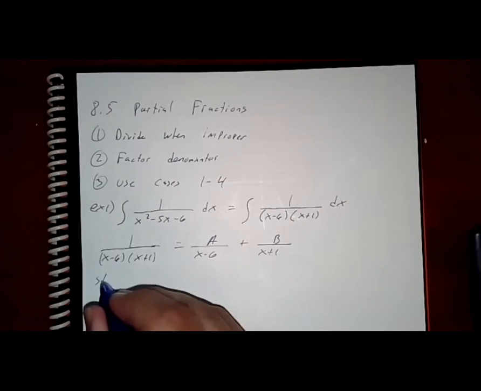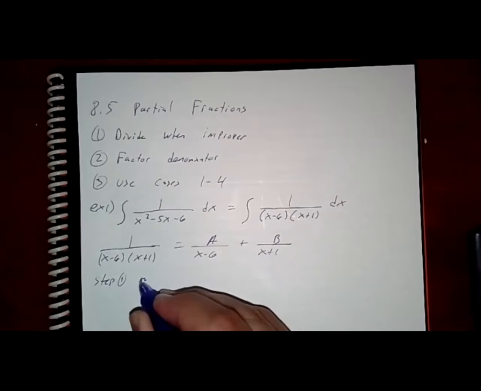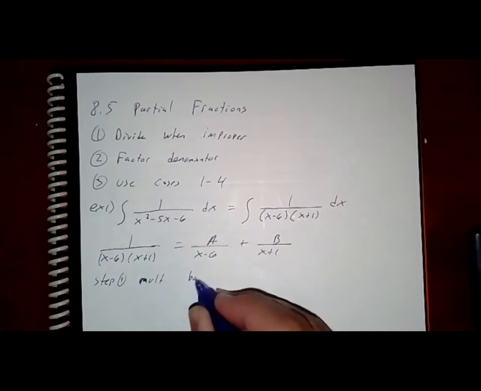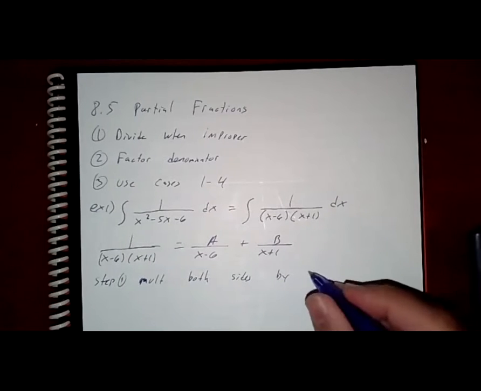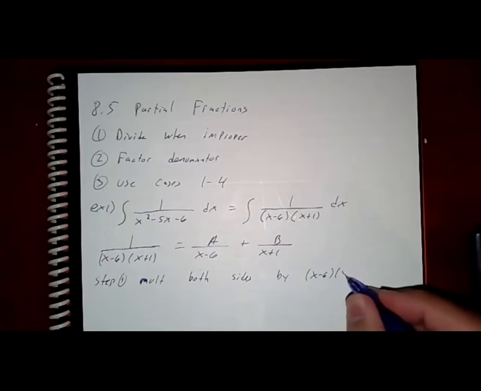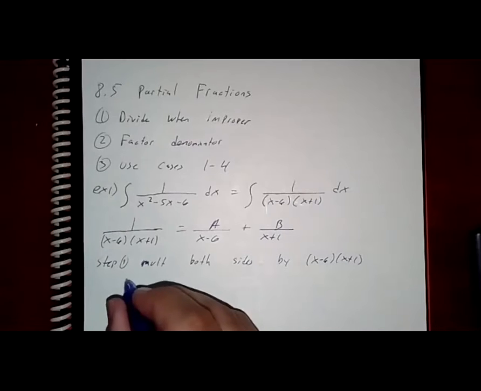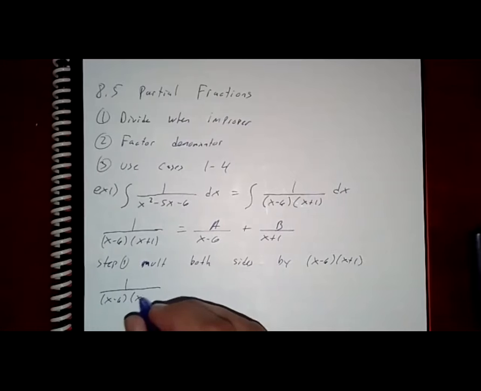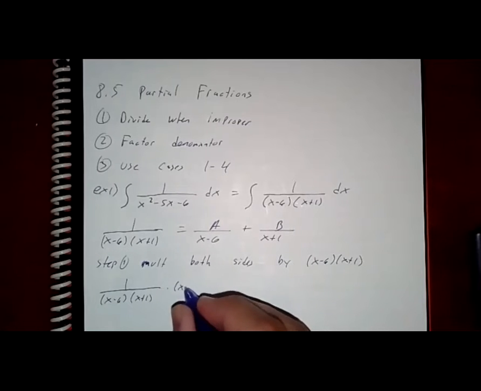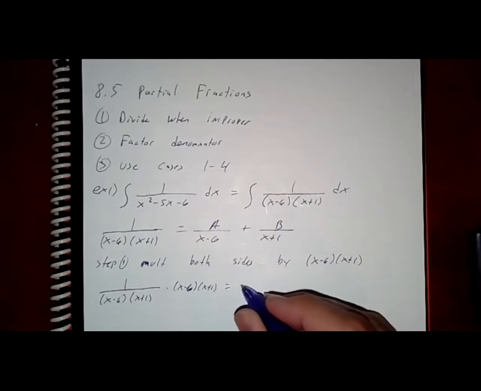For step 1, for solving the A and B, multiply both sides by (x minus 6)(x plus 1). So both sides by this.